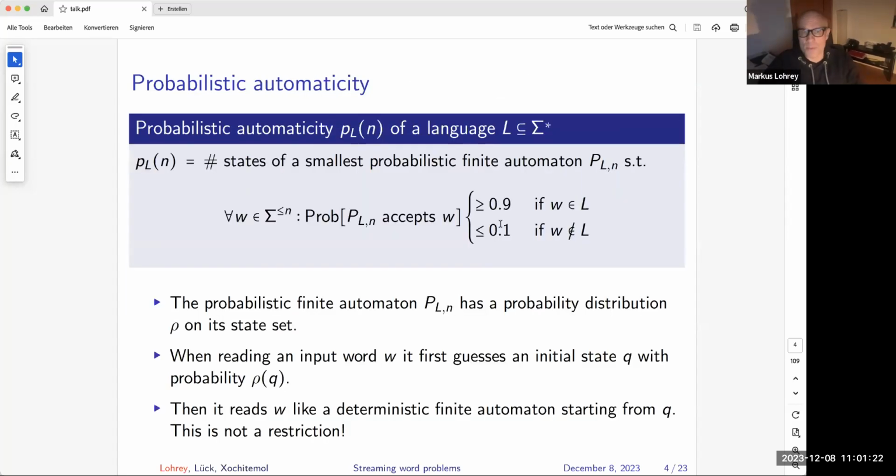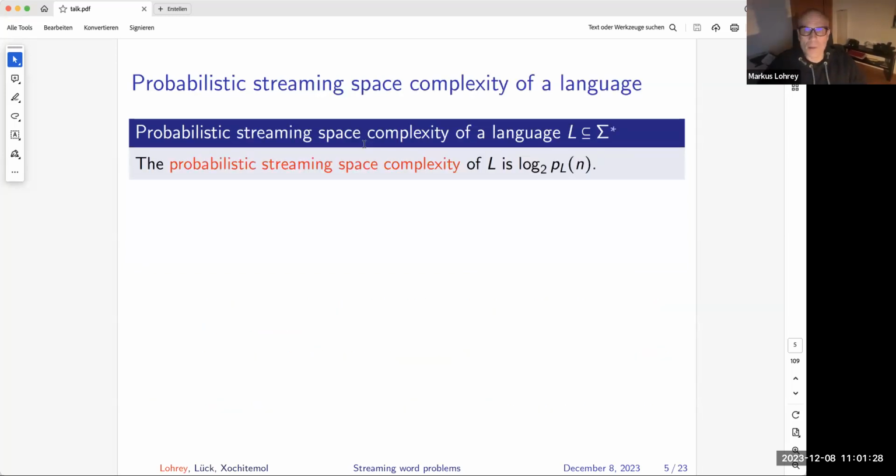Of course, the probabilistic automaticity is always bounded by the deterministic automaticity. That's obvious. But using the probabilistic automaticity, we can now define what I call the probabilistic streaming space complexity of the language L. It's the same idea: we simply take the binary logarithm of the probabilistic automaticity.